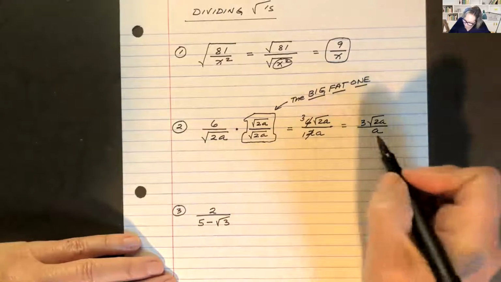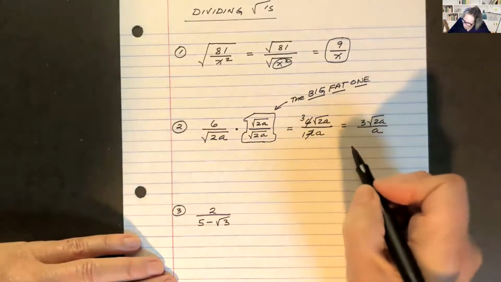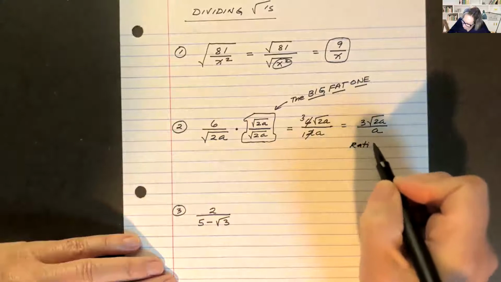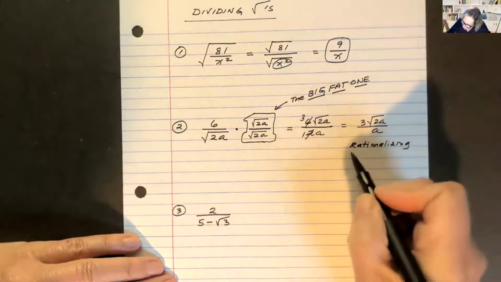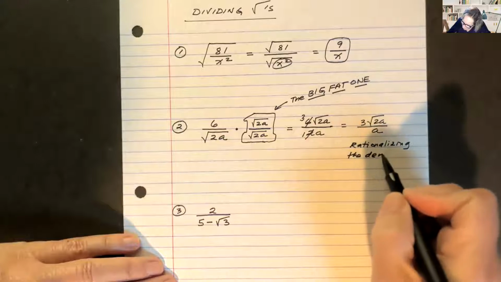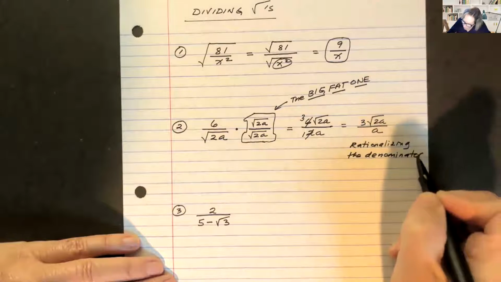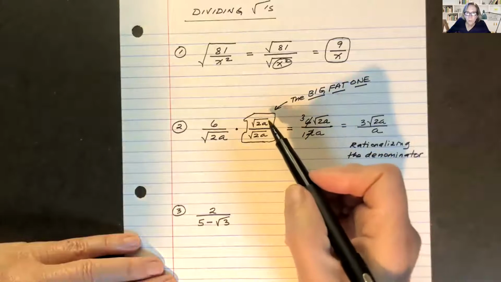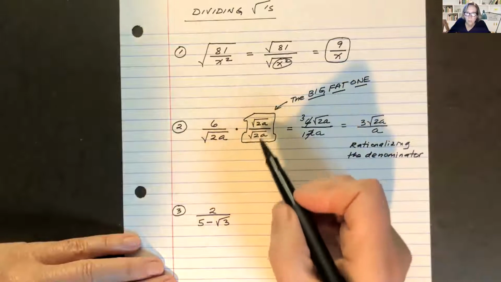Okay, and this process of taking it from under a radical to being outside a radical is called rationalizing the denominator. And the way that we do it is we use the big fat 1. We multiply it by this expression over itself.